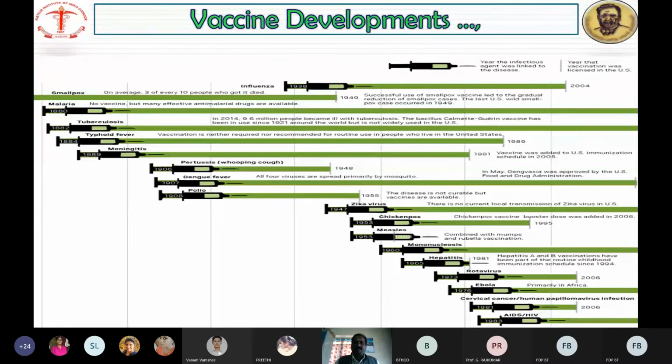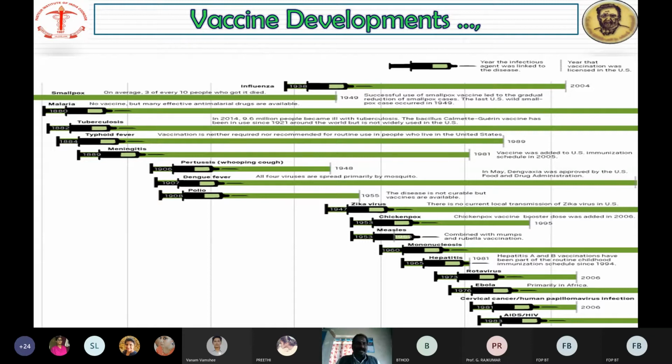But smallpox, we don't know where or when it started. On average, 3 of every 10 people who got it died. So in 1949 a successful vaccine was produced, based on the concept developed by Edward Jenner.